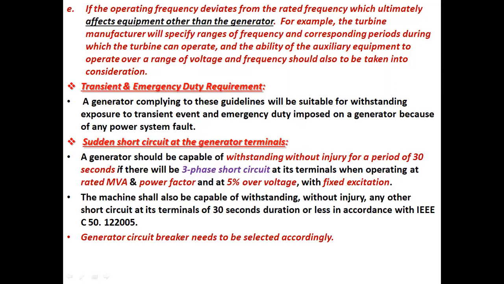The machine shall also be capable of withstanding without injury any other short circuit at its terminals of 30 seconds duration or less in accordance with IEEE C50.12-2005. The generator circuit breaker needs to be selected accordingly.